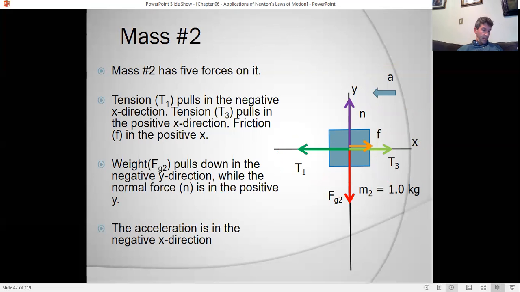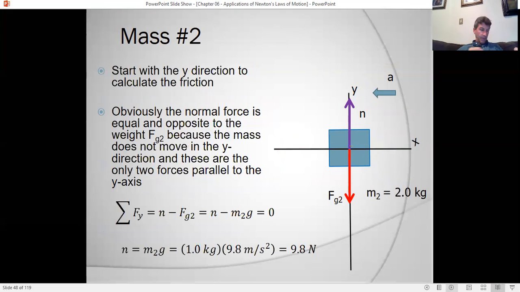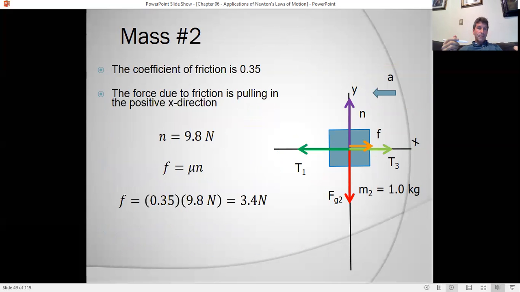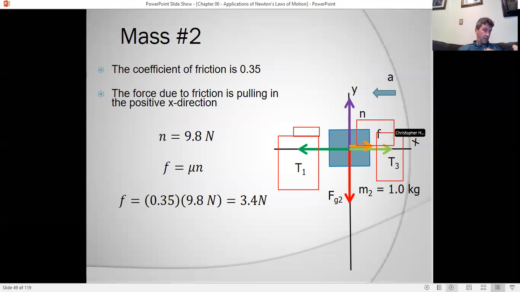Put it into an equation. Okay. Well, normal force is just showing that the normal force is equal to the weight because it's on level ground. But here's my forces in the x direction. T1, T3, and the frictional force, which is 3.4 newtons.